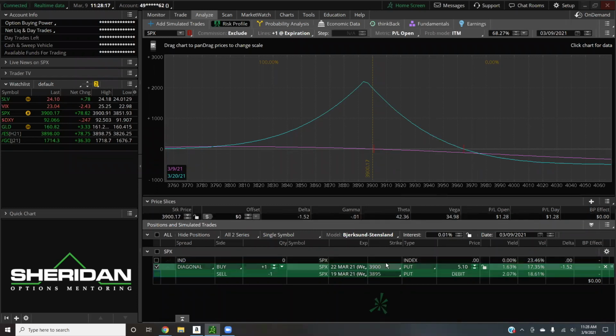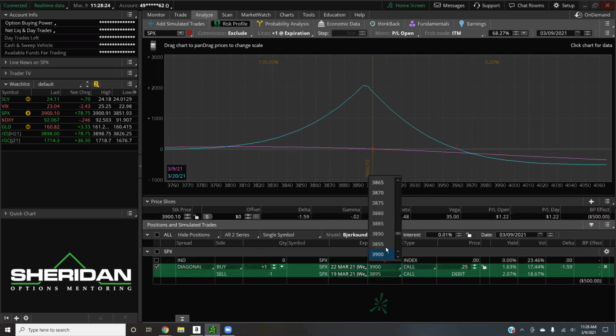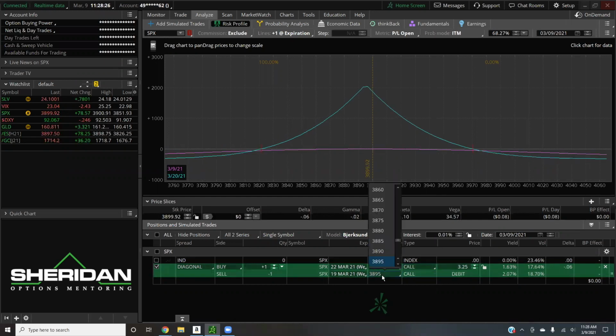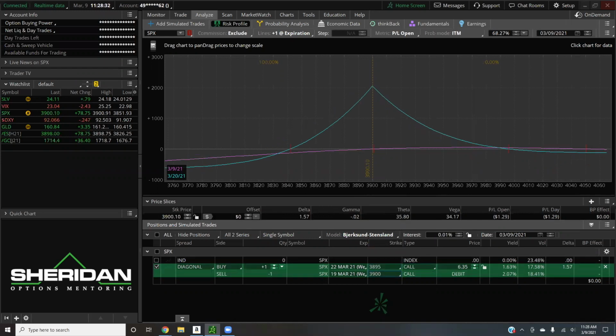Conversely, if you wanted more room on the upside, you'd use calls. With that one, the lower of the two would be in the money, or deeper in the money. So you'd pick that as your long and then sell the out of the money. This is what that would look like. And as you can see, I have a lot more room on the upside now that I've done that.